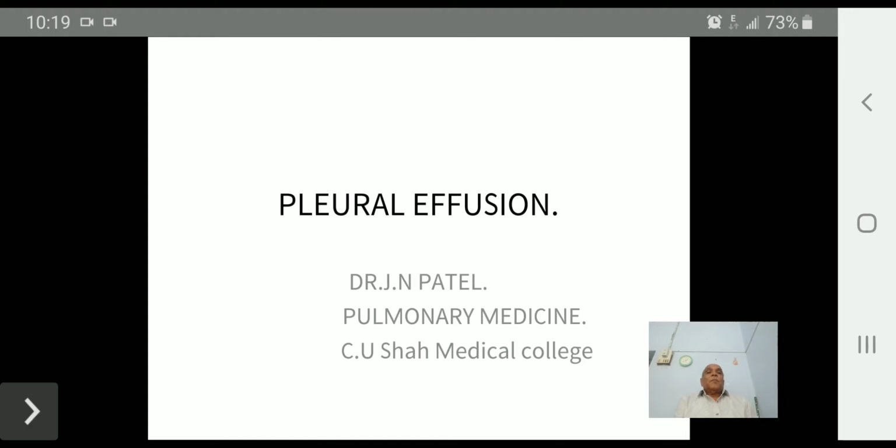When an effusion is present, there is something wrong in the lung. So pleural effusion is an indicator of disease of the lung parenchyma.